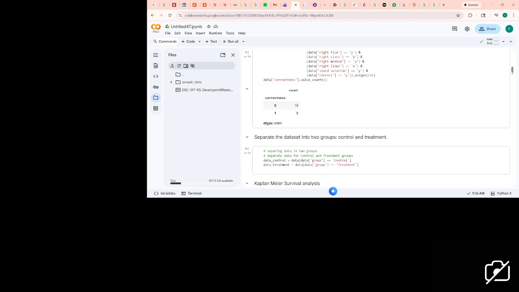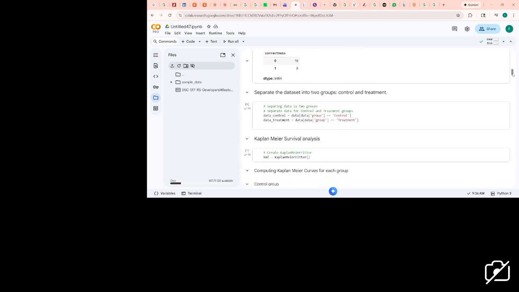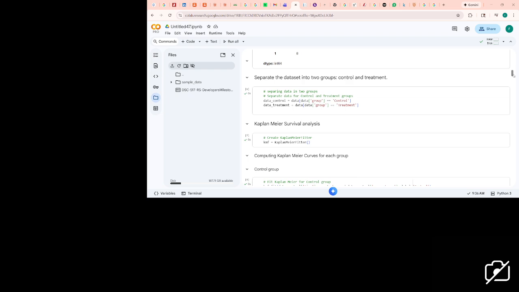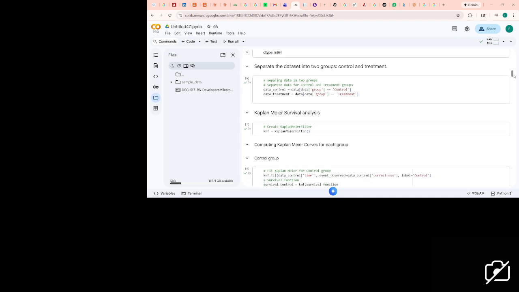one treatment. Then we fitted the Kaplan-Meier fitter by creating an instance of the Kaplan-Meier fitter.